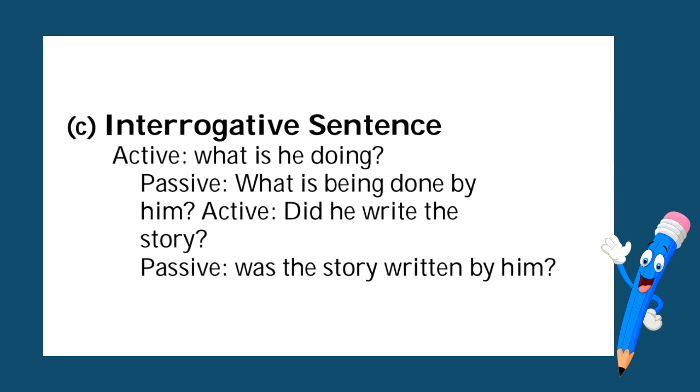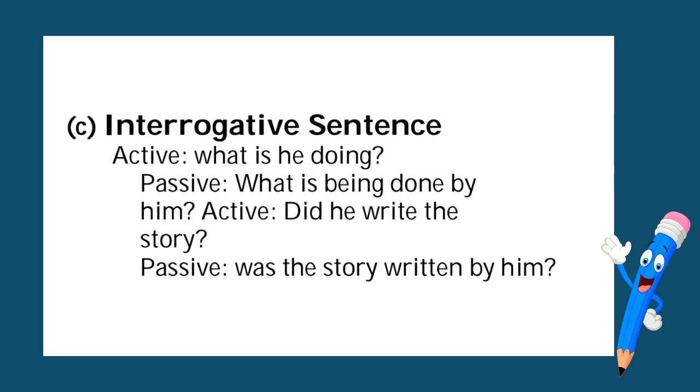One more example is here. Active voice. Did he write the story? In passive voice the sentence became was the story written by him. Did write means wrote. Okay, wrote is in simple past tense. In simple past tense we should use was or were plus past participle as the verb form.